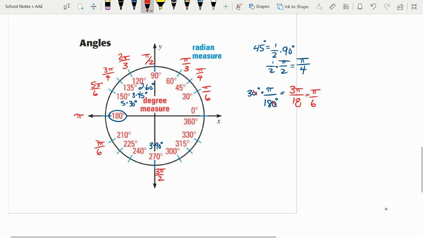I'm going to skip around all those pi over 6's because this is 11 times 30 degrees, so 11 pi over 6. Let's go to 240.